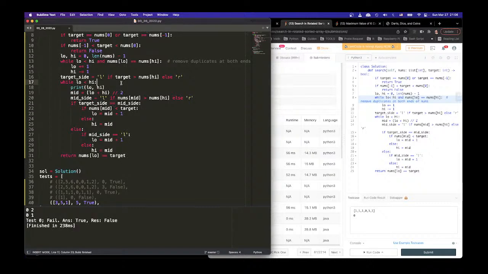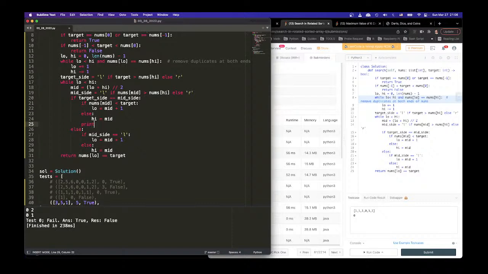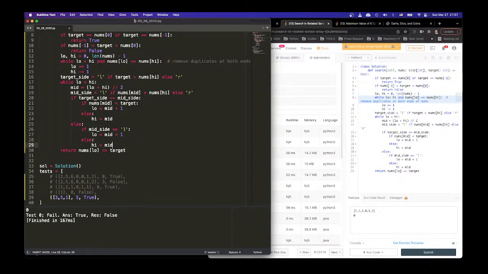Yeah, 0, 1. It's low. 0. How come it's 0? That doesn't make any sense.